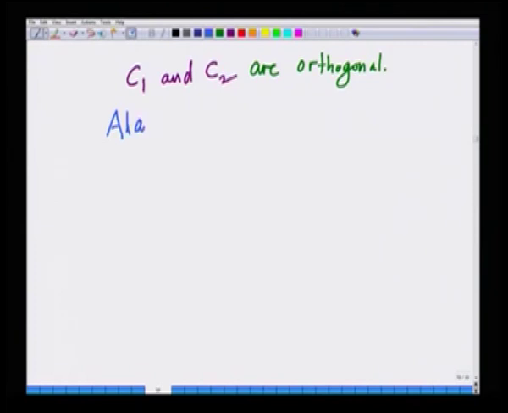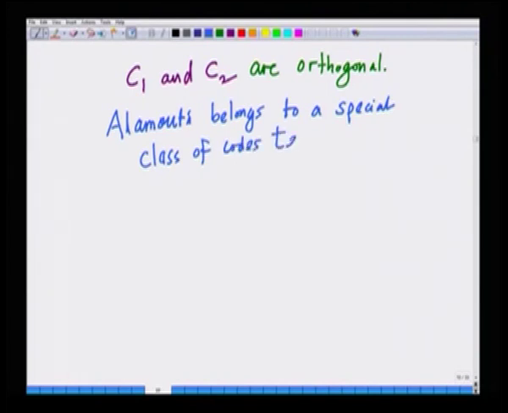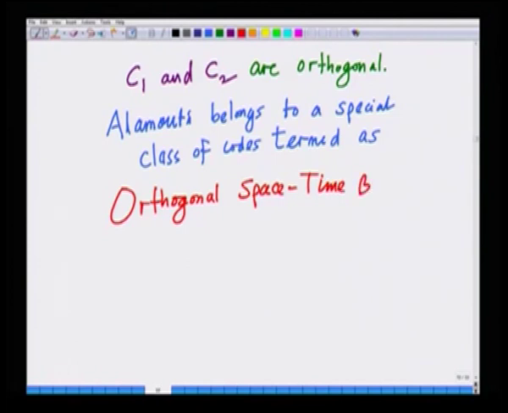Alamouti belongs to a special class of codes termed as orthogonal space time block codes.